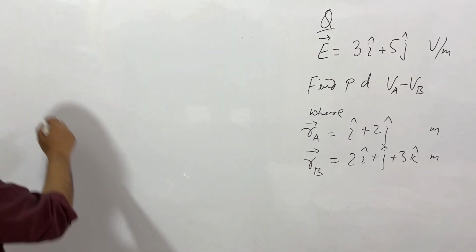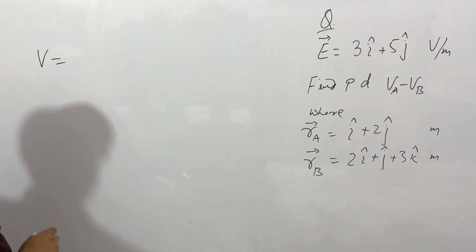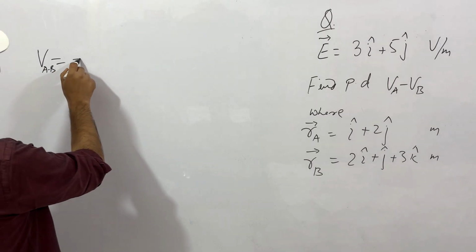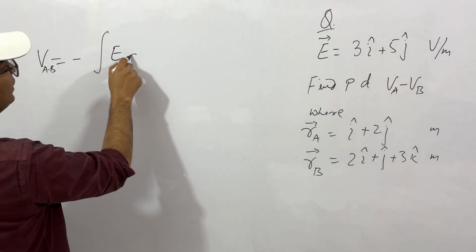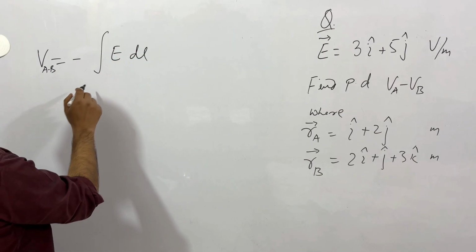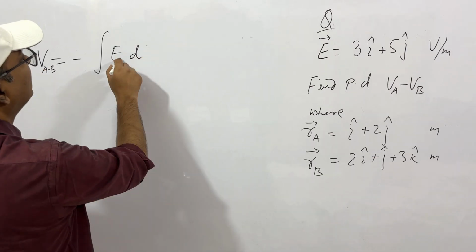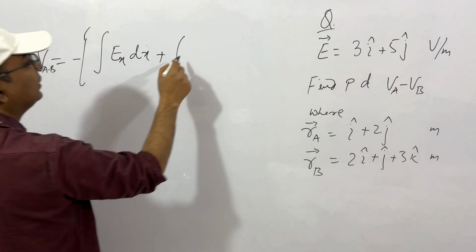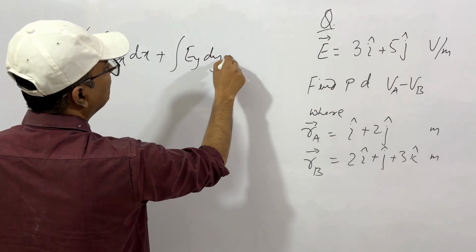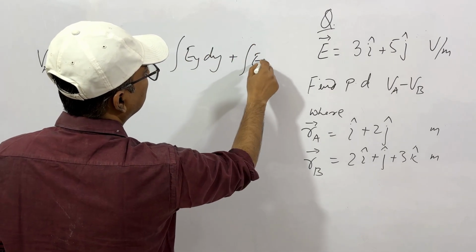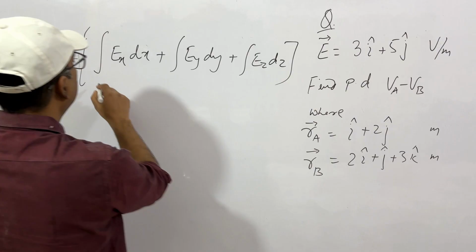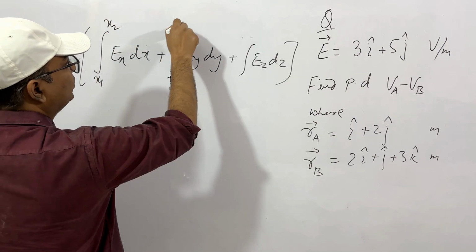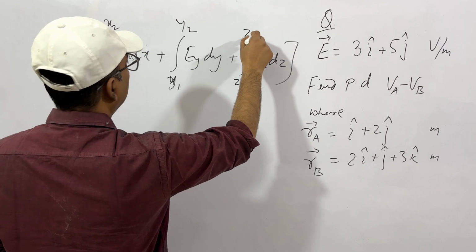How will we do it? I told you how we find the potential difference between A and B. It will be equal to the integral of E dl, that is equal to Ex dx plus Ey dy plus Ez dz. The limits are from x1 to x2, from y1 to y2, and from z1 to z2.